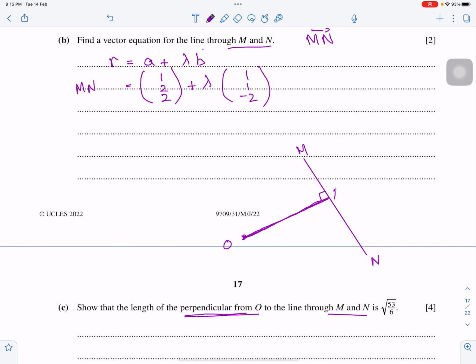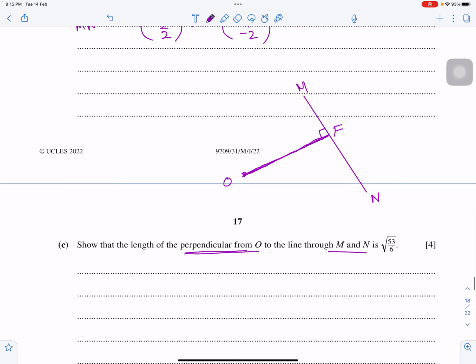Let me call it point F. To find this distance, I have to find vector OF, and once I find it, I will find its modulus. That will give me the perpendicular distance from O to the line MN. So the whole target is how to find OF.